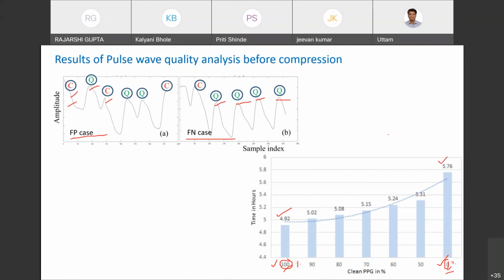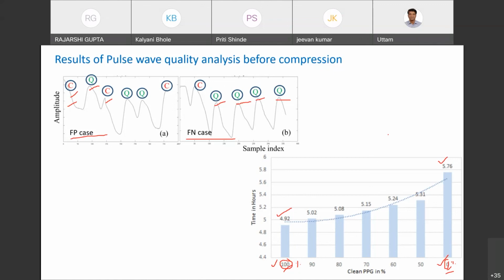So you can see that in a continuous measurement scenario, signal quality assessment not only provides us good measurements, but also if we can selectively discard the corrupted quality pulses, then we can also enhance the longevity of battery powered applications.